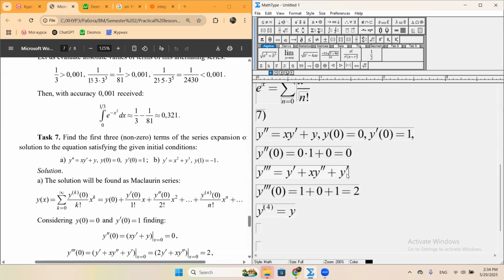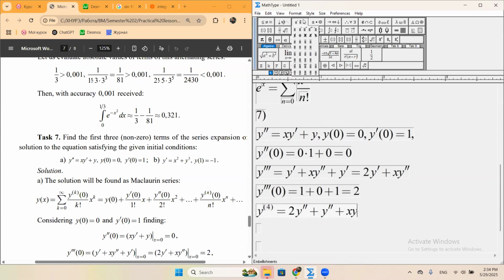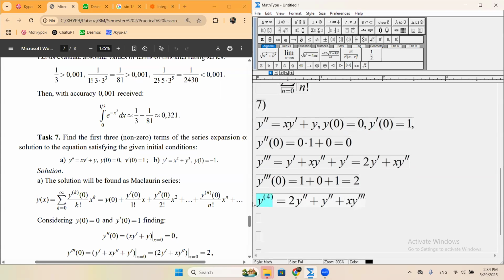Let me rewrite it like this: 2 y double prime plus x y triple prime, so we will have two second derivatives, plus y prime twice plus x y fourth derivative.